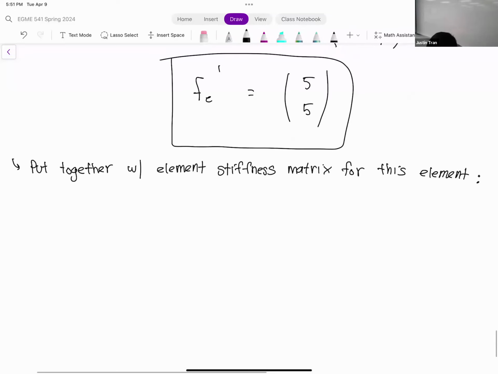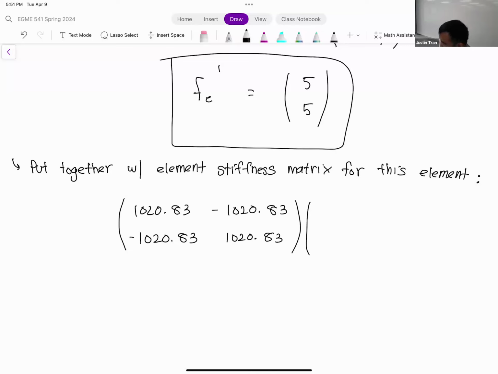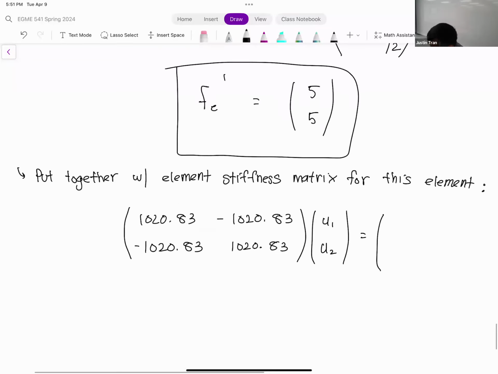And so our system here is 1020.83, minus 1020.83, minus 1020.83, 1020.83. Element A in this case is connected to nodes 1 and 2, so that's going to be U1, U2, equal to our element forcing vector, which is just 5 and 5.